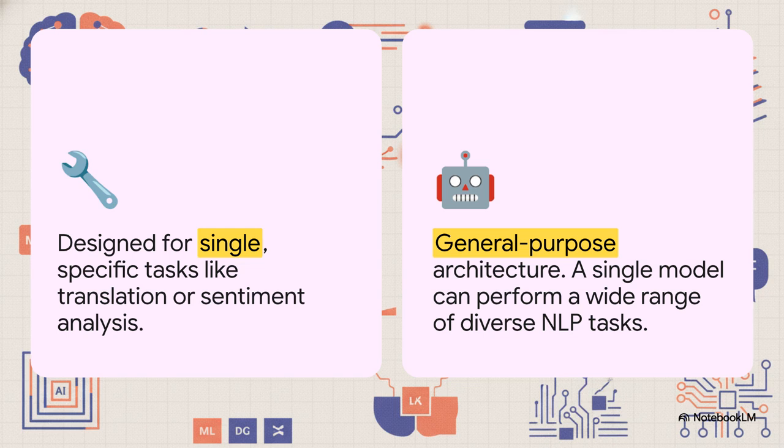You'd have to build and train a specific model just for translation, and then a completely different one for sentiment analysis. But LLMs changed all that. Now you have a single giant pre-trained model that you can just prompt to do all sorts of things, from writing an email to generating Python code. It's the difference between having a toolbox full of individual wrenches and having one incredibly powerful all-purpose multi-tool.